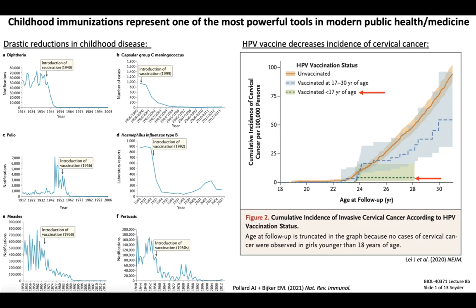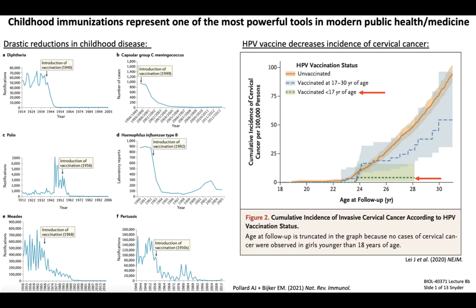The benefits of vaccines extend even beyond control of infection, and this is the case with human papillomavirus or HPV infection. So during infection, HPV expresses oncogenic proteins that lead to the development of invasive cervical cancer. This study from Sweden looked at the rate of cervical cancer development amongst young women.